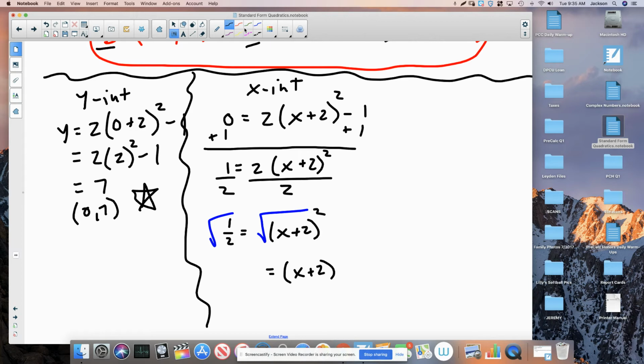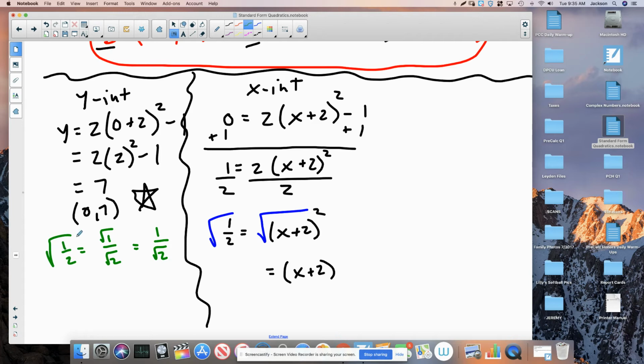Radical rules dictate that taking the square root of a fraction is the same as taking the square root of the numerator and denominator separately. So I can separate the radical into the top and bottom, and we end up with the square root of 1 over the square root of 2.